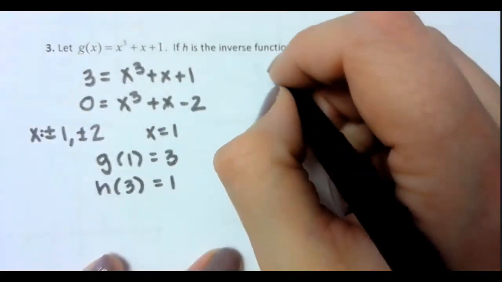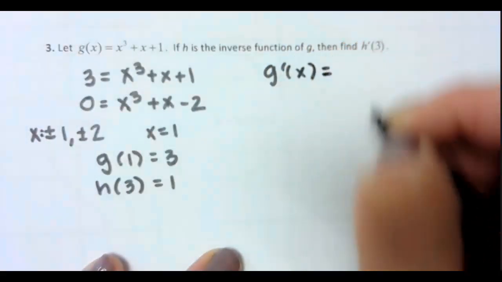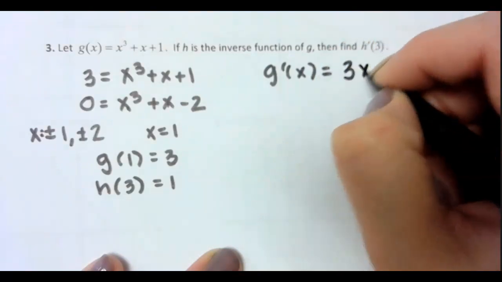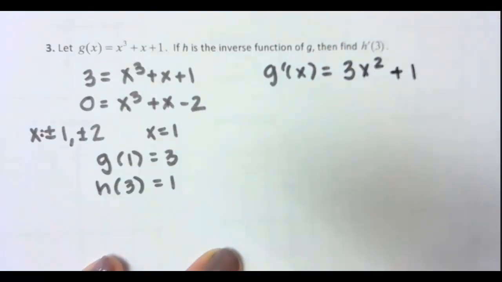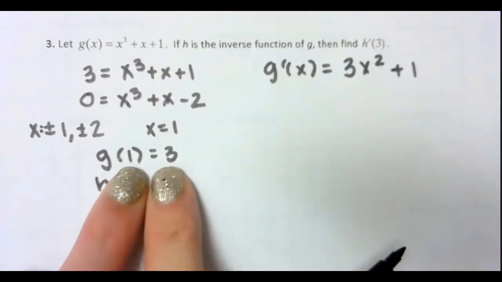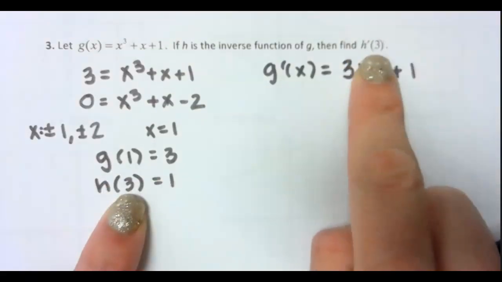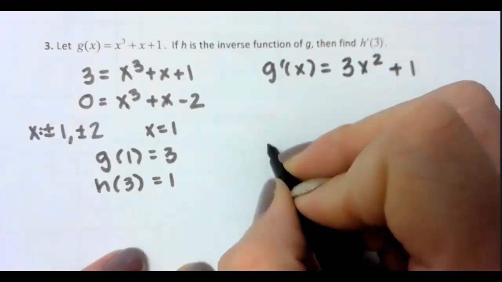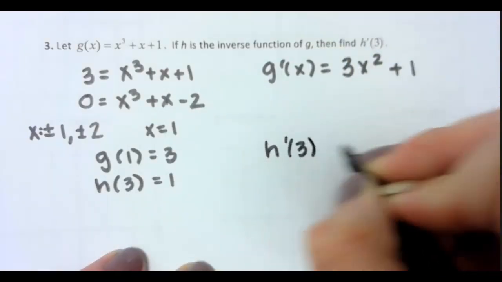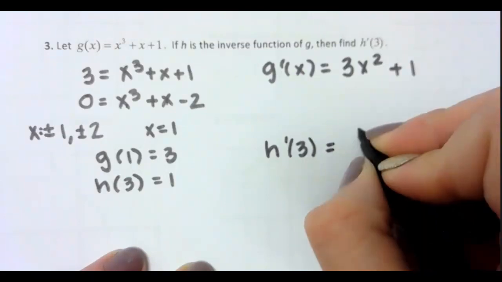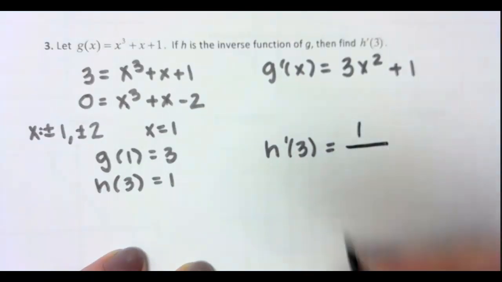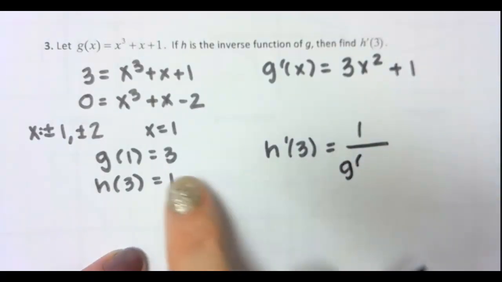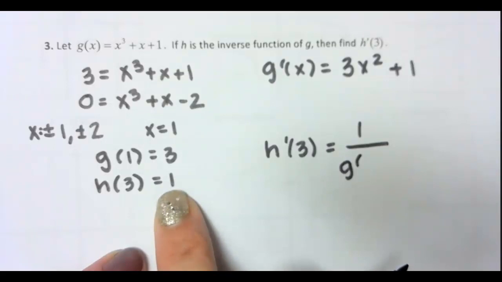So that means g prime of x, which is 3x squared plus 1. We would need to find, since they're inverses, and I'm looking for h prime of 3, that would be equal to 1 over g prime of its inverse, which is 1.